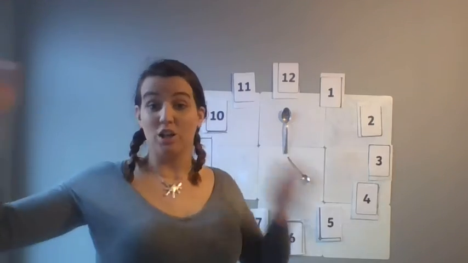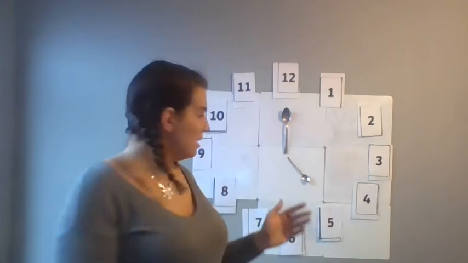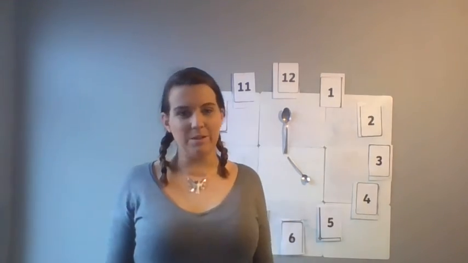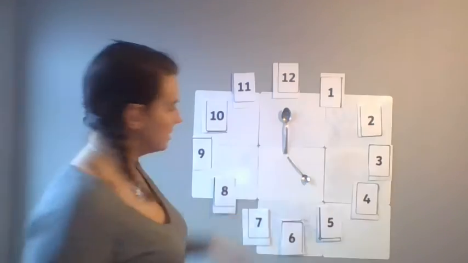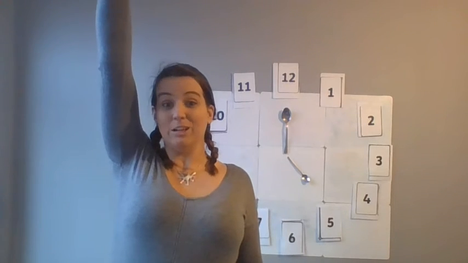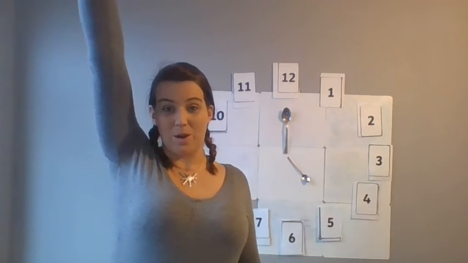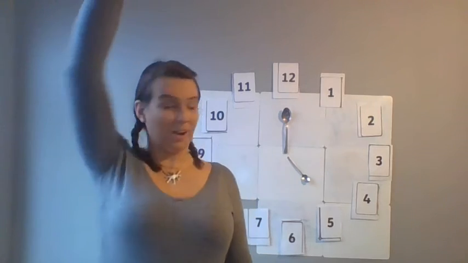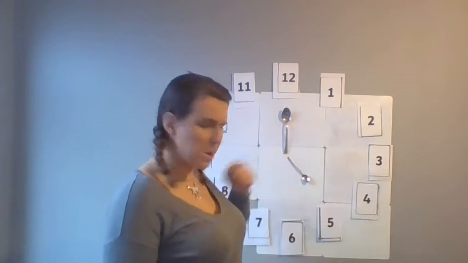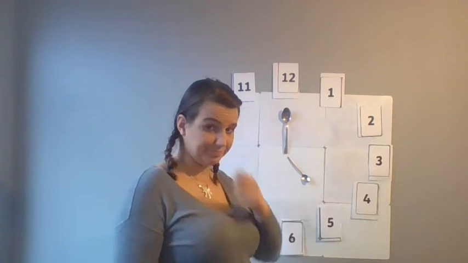It doesn't matter as long as one is big and one is small. But when we're talking about clocks, we say the word hands, okay? That's what their name is. So we've got a big hand that's pointing to 12, so what do we say when it points to 12? O'clock.